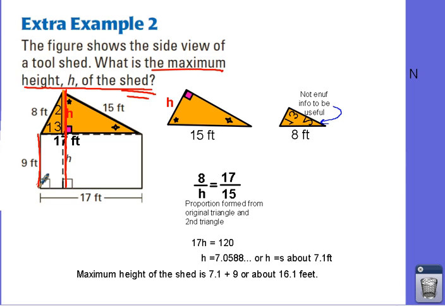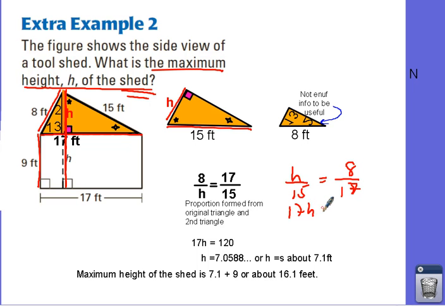They did the short side over the hypotenuse is equal to the short side over the hypotenuse. So I would have done h over 15 is equal to 8 over 17. Remember, there's 3 or 4 ways to write these proportions, and so they'll yield the same answer.